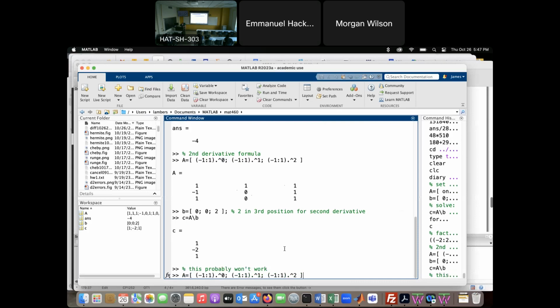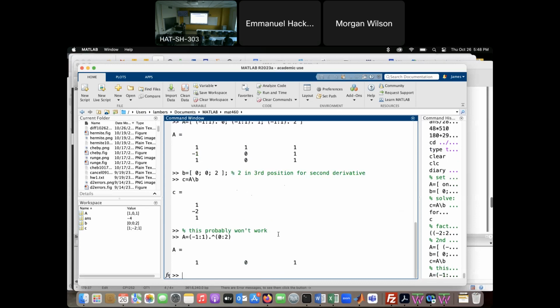So I want to raise -1 to 1 to the powers 0 to 2. Okay, A equals... Wait, so let's see what happens. Colon. Oh, colon. That's very much not what I wanted.